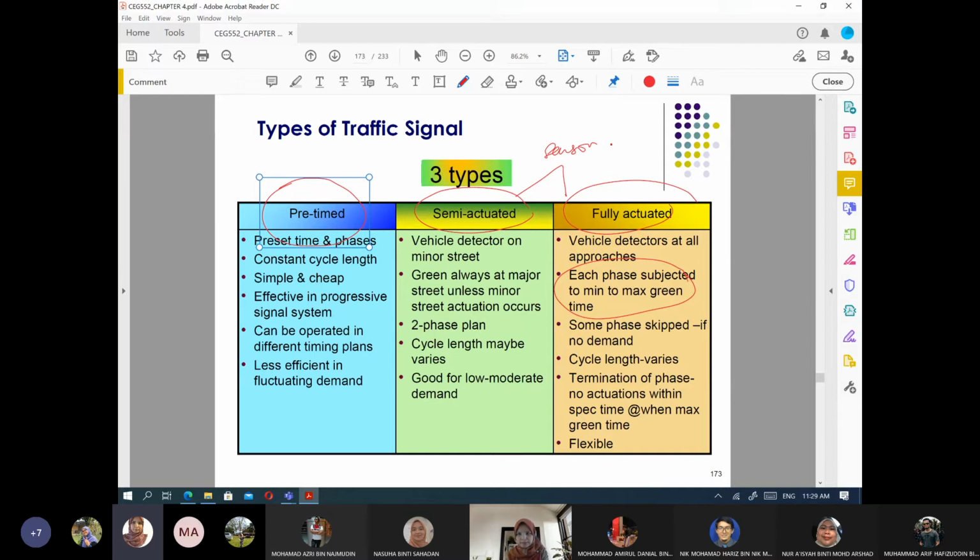Katalah you set 120 saat, so lepas 120 saat walaupun ada lagi kereta, dia will terminate the flow. Katalah sebelum 120 saat, 60 saat kereta dah habis, so dia akan terminate automatically. They will give you right of way to another lane, yang mana yang ada actuation of vehicle. This is more flexible for fully actuated. This is the best actually, fully actuated. Cuma dia punya cost dia tinggi ya.